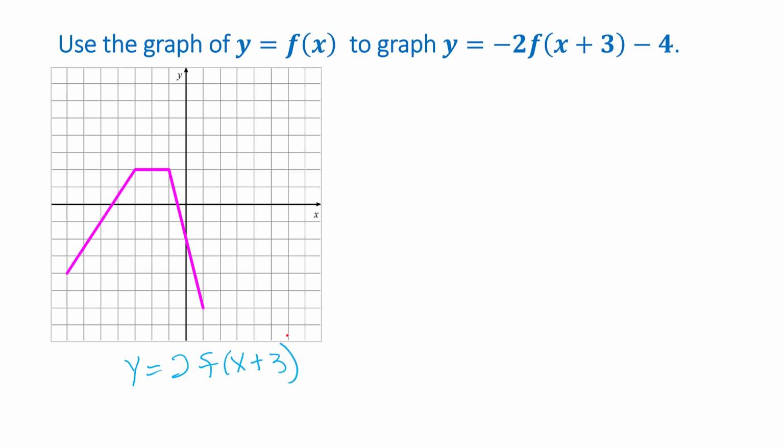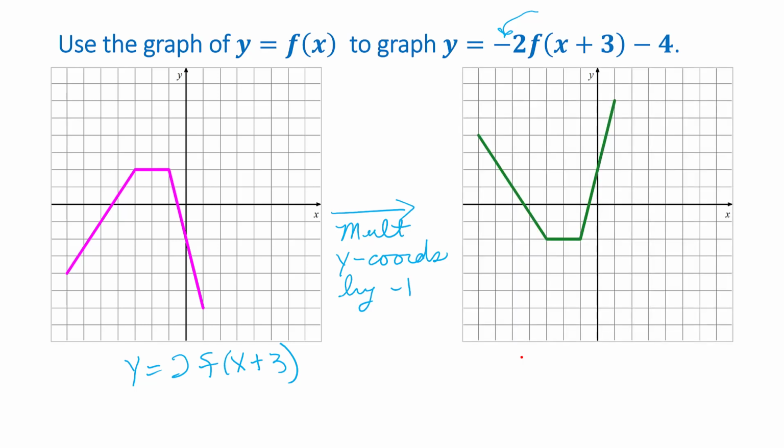So what do we want to do next? Let's grab this negative. We know this negative is going to reflect the graph across the x-axis. And to do that, we multiply the y coordinates by -1 to give us this graph, which is going to be y equals -2f(x) + 3.